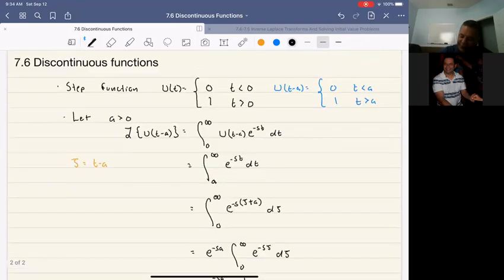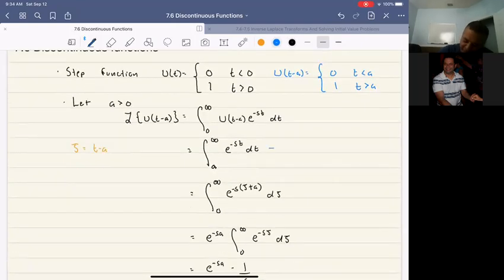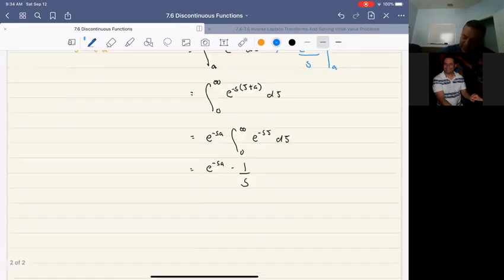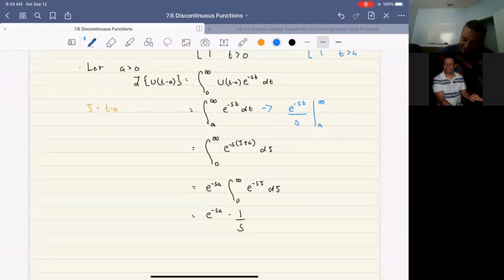Granted, I could have done that just from here, you know, I could have just integrated e to the negative st over negative s from a to infinity. And then if I do that, I'm going to still get this. Okay, so I'm aware that I could do it that way, but I just wanted to do it this other way because of some of the other integrals we're going to do.